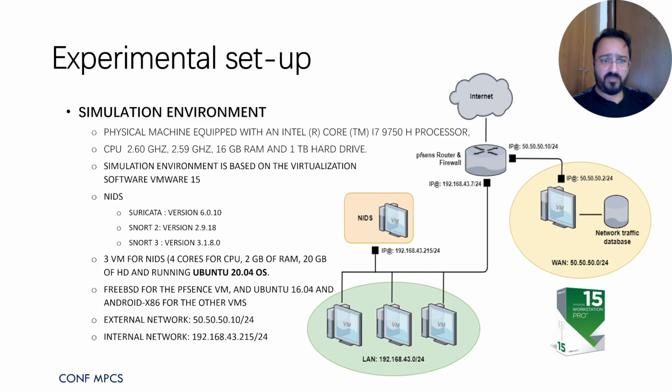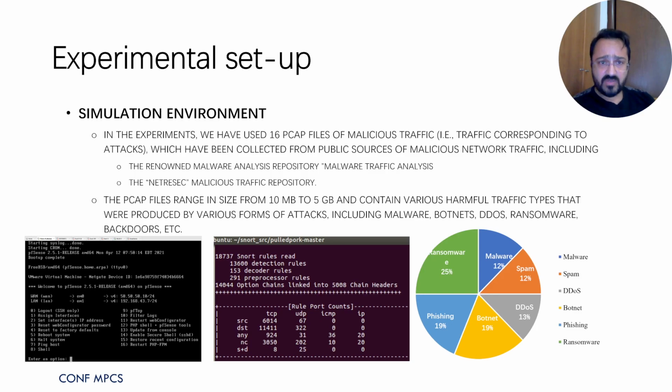We have these IP addresses, we have the external network, the internal network, and the next thing we wanted is to simulate the scenario. We put the latest signatures in all of them, and we then downloaded 16 pcap files from various malicious websites like Netresec, which is a renowned malware analysis repository.